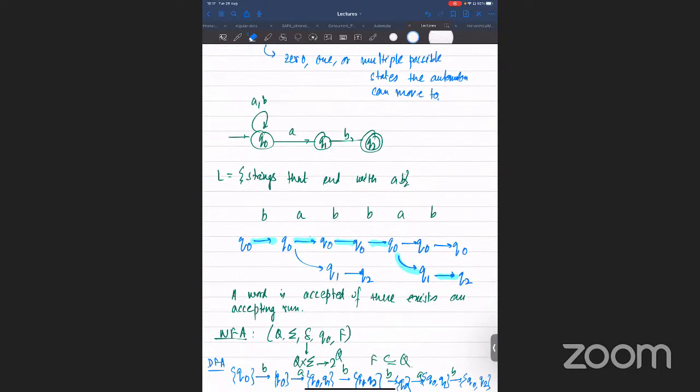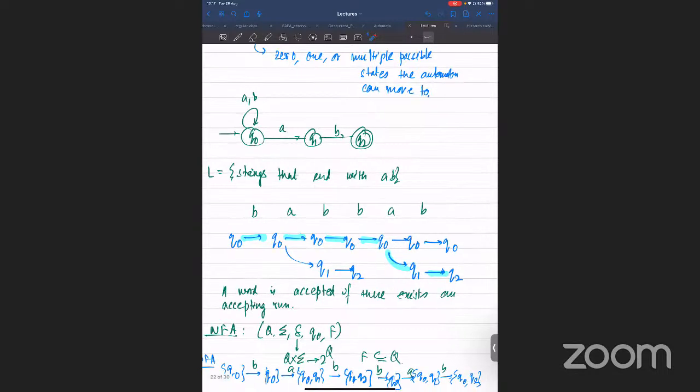So far, suppose you have reached here, and now if you have to read a B, then all we are saying is that we can only reach Q0 from here, because from Q0 you can read a B and stay here.